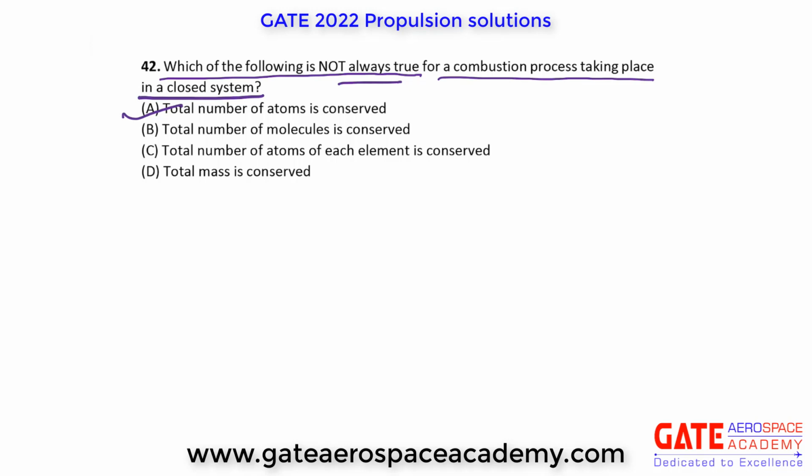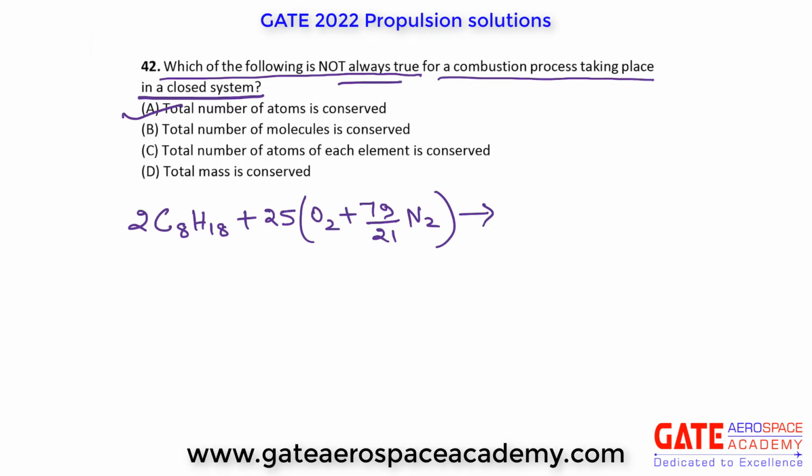Because if we take the example of octane, which we had studied in the class, so 2C8H18 plus 25 O2 plus 79 by 21 N2 gives carbon dioxide, water plus nitrogen.